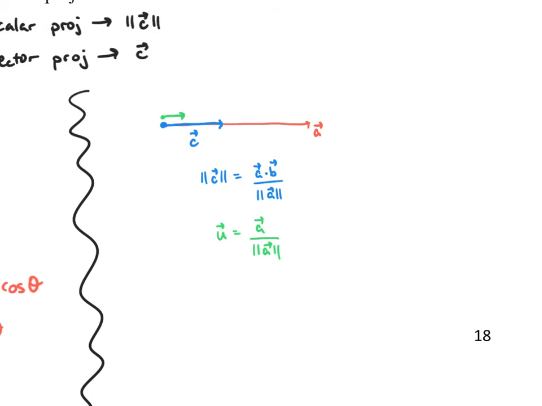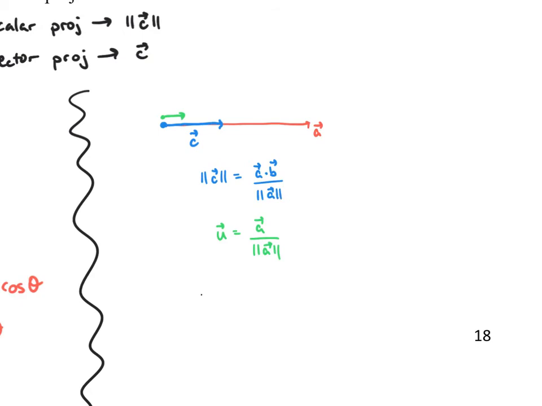I'm saying that what we want is this vector C. We want a vector that's in exactly the same direction as A, but as long as we know C is long. Therefore, we take A, make it a unit, and then multiply by the magnitude of C. And here's what we get.